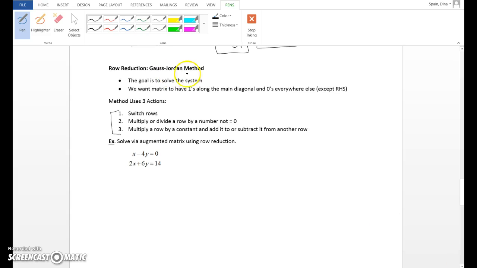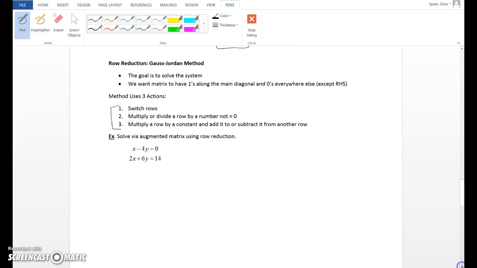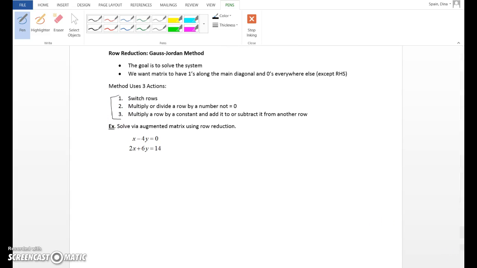And again, that Gauss-Jordan method just uses these 3 actions that we just talked about. Right, so to start this method, you start with that augmented matrix. You pull off the coefficients and augment it with the right-hand side for both equations. You have to be able to write down that augmented matrix, so it's not bad.